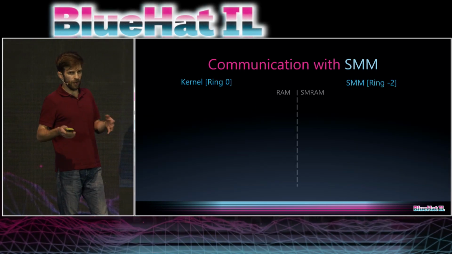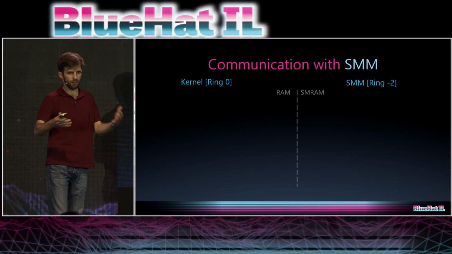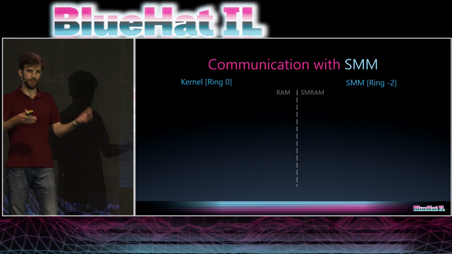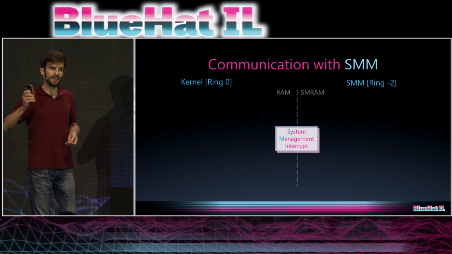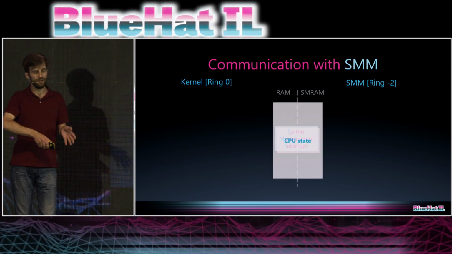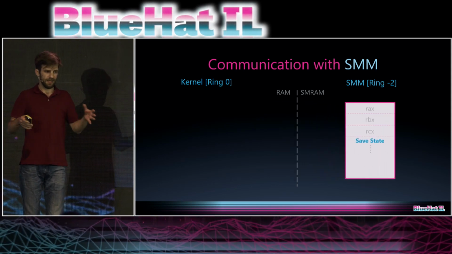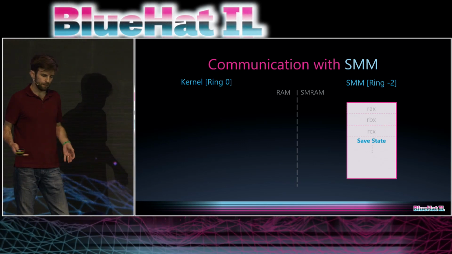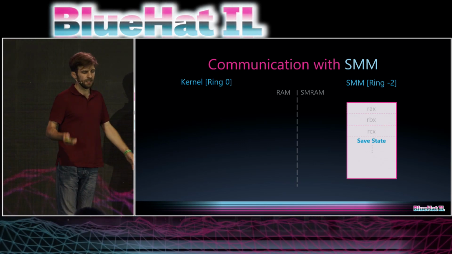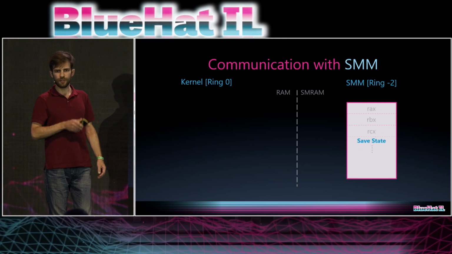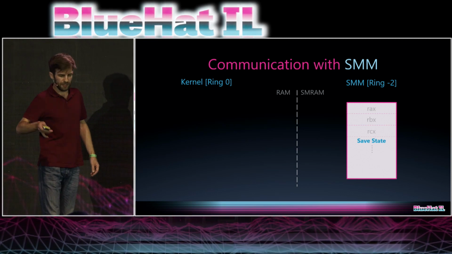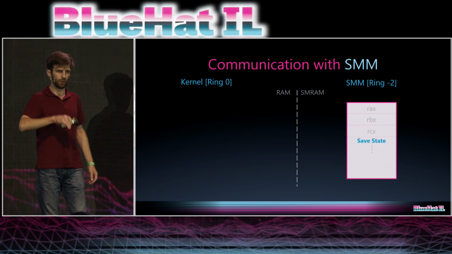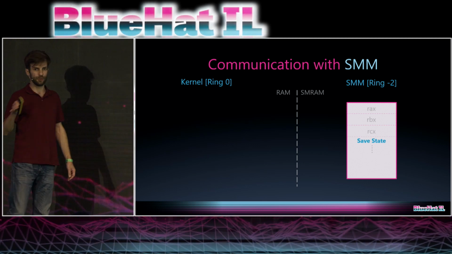So now that we know how to switch to SMM, let's talk a little bit about how we communicate with it. So whenever an SMI is triggered, the state of the CPU is saved to a special place in the SMRAM called the save state. It contains a lot of things, but we'll, for now, focus on the general purpose registers, and in particular, the values the general purpose registers had prior to entering the SMM.